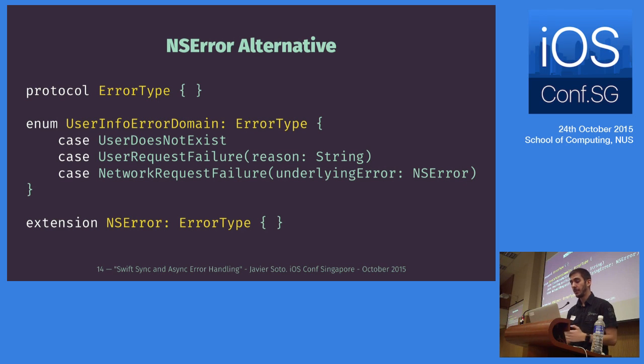We can define them very explicitly: user does not exist, user request failure, etc. And so when we create this API, instead of saying this API is going to give you NSErrors, we can say this API is going to give you errors of this type. So when you use it, it's a lot easier to check for the exact types of errors that you can run into.